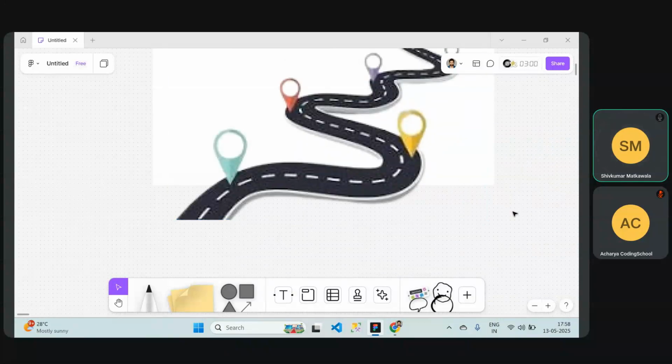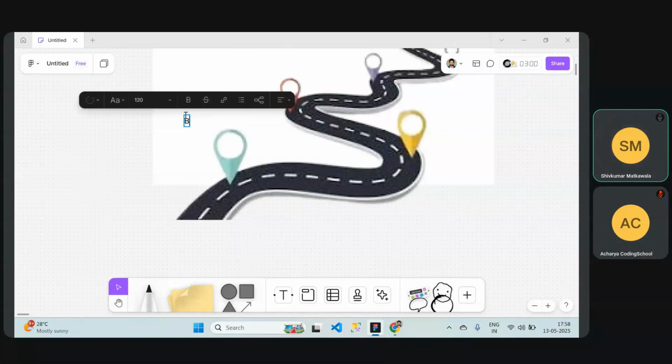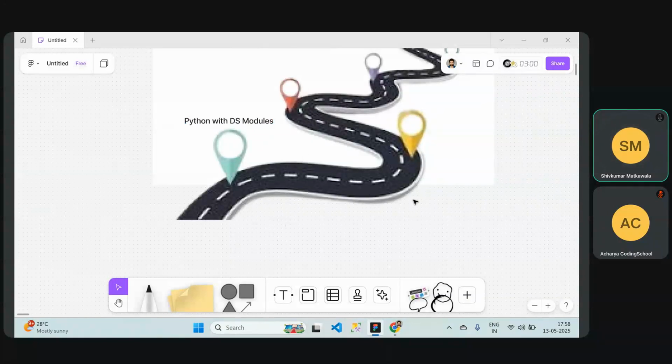First you have to learn Python programming, Python with data science modules like Pandas, NumPy, Seaborn, Matplotlib, scikit-learn and all. So you have to learn Python with the data science modules.